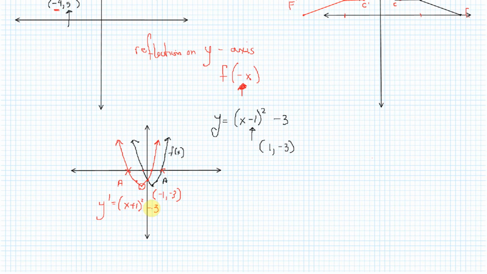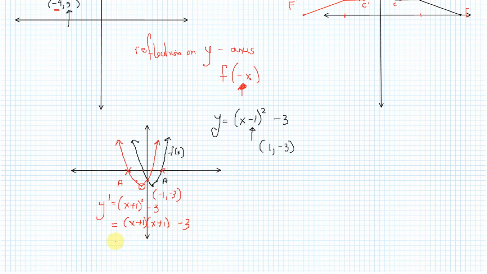And so the way to show that these two are the same, when I put in a negative x and when we write the equation, what we do is we expand it out. So if I'm going to take this equation and expand it out, I have x plus 1 and it's squared, so that's x plus 1 times x plus 1, and then I subtract 3.